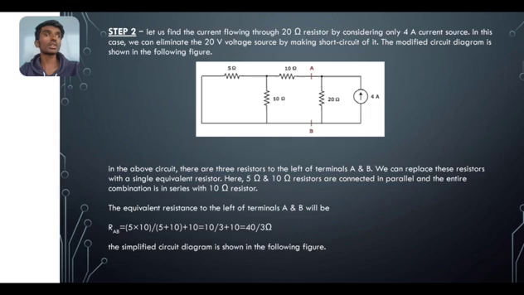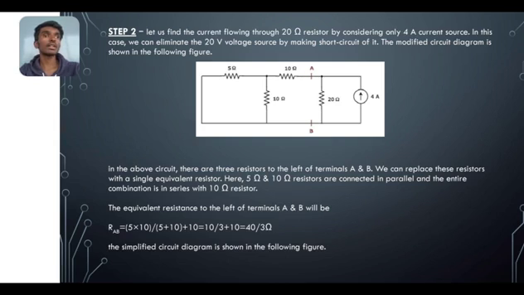In the above circuit, there are 3 resistors to the left of terminals A and B. We can replace those resistors with a single equivalent resistor, where the 5 ohm and 10 ohm resistors are connected in parallel, and the entire combination is in series with the 10 ohm resistor.